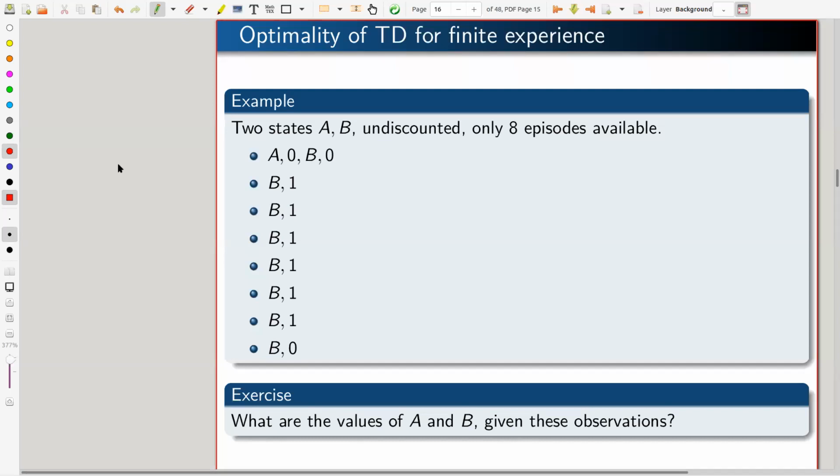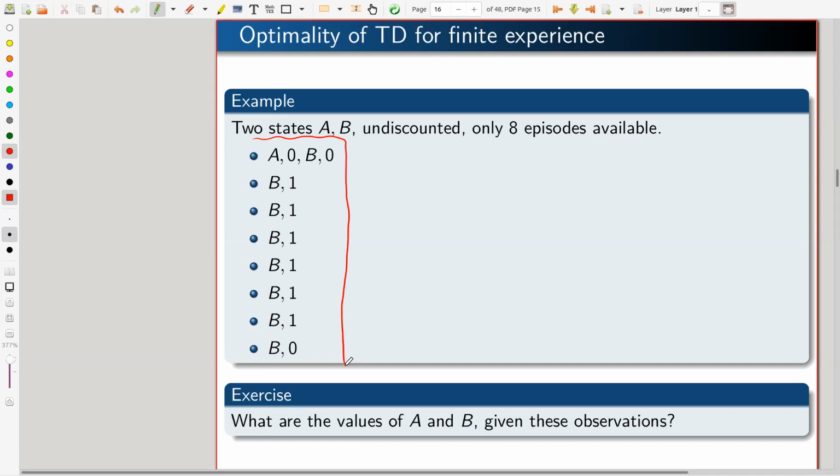Assume this. I have this experience. These are 8 episodes, very, very easy episodes. You can see the last 7 episodes are just one step. They terminated as soon as they started. The first episode lasted 2 steps.